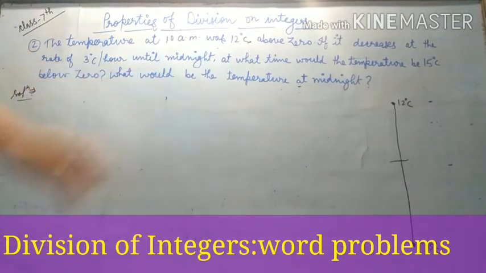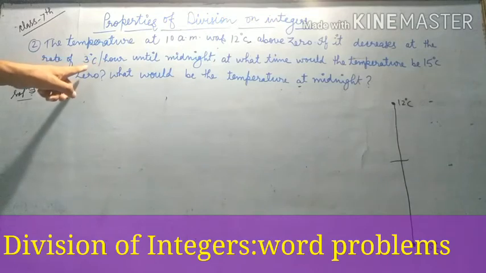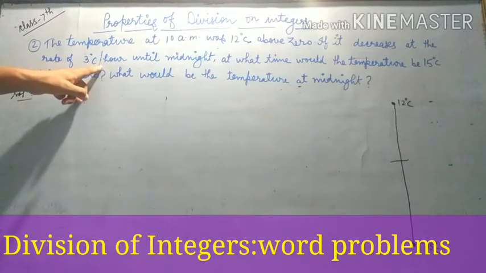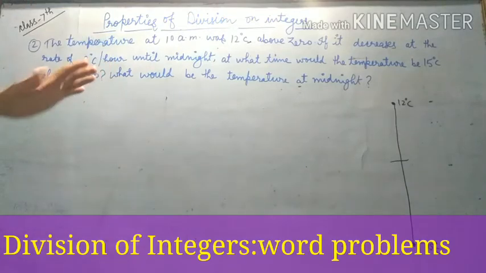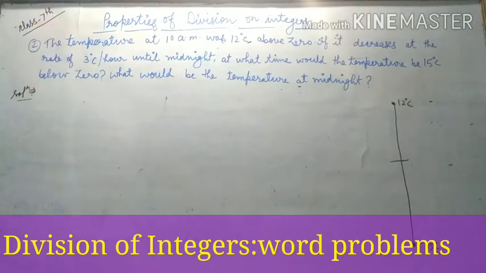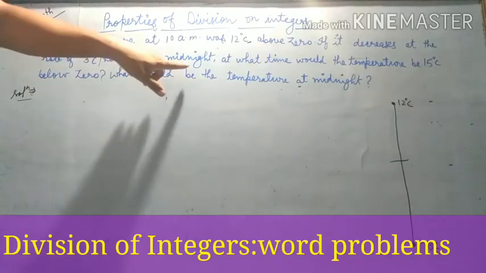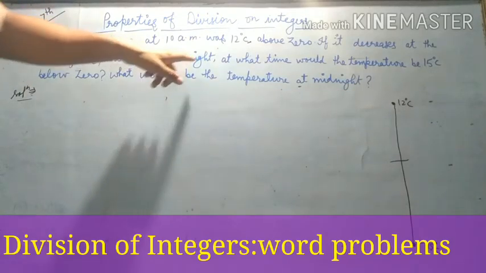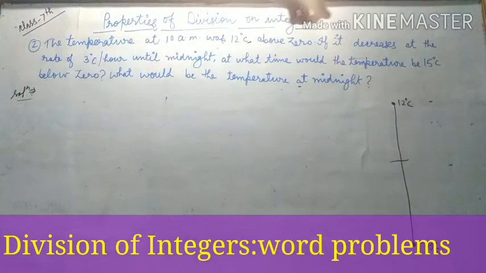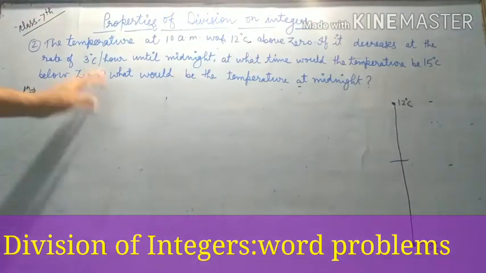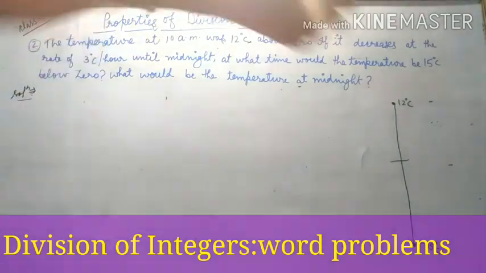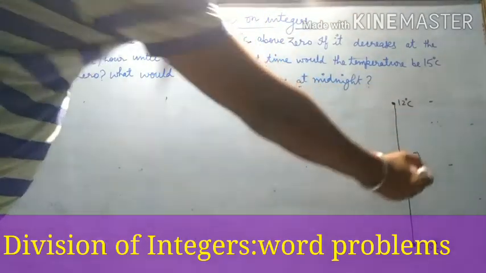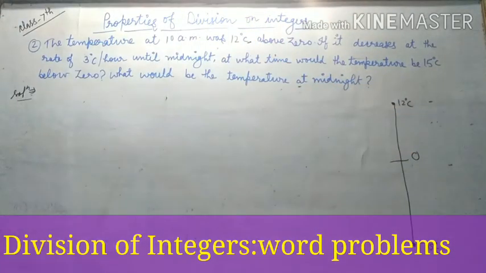The same is happening here, every 3 degrees centigrade per hour, means in 1 hour it decreased by 3 degrees centigrade. And at midnight, what would the temperature be? 15 degrees centigrade below 0. Means this is 0. Below 0 means the temperature will go in minus.